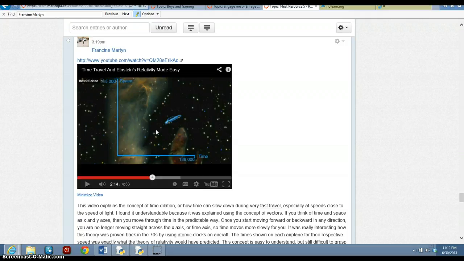Back in 1971, actually, they put clocks on planes, and the readings at the end of the flights were different from a standard clock that was stationary. So they know that this theory holds true. So that was really interesting, that if you're in this car in space, then you're going to experience time slower than someone observing from the Earth.